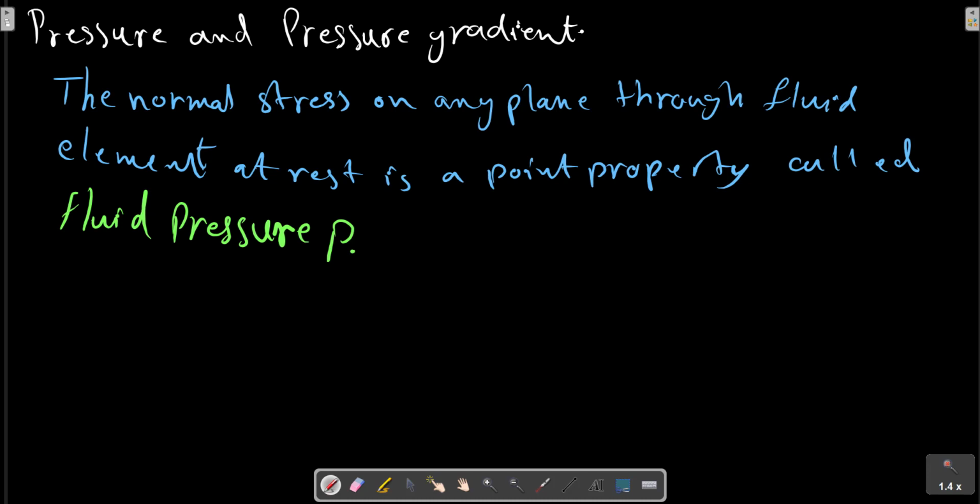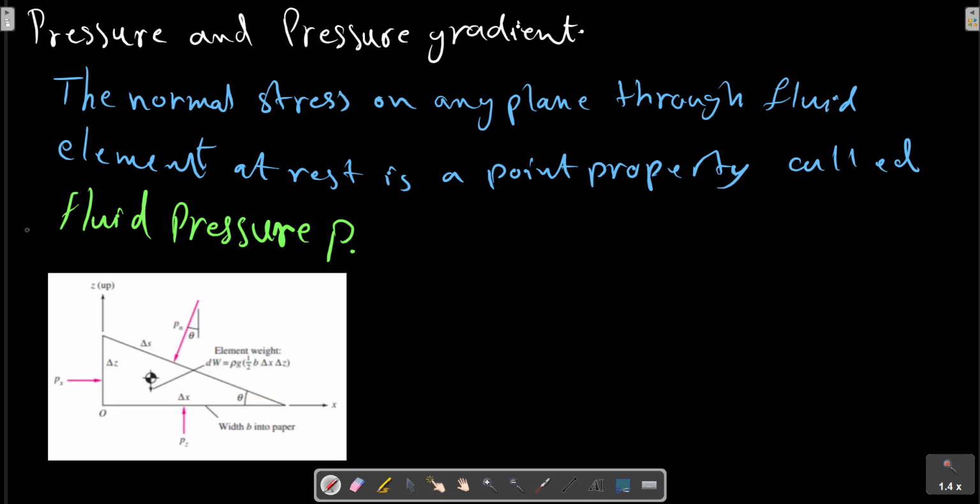Consider this figure as a small body of fluid at rest, of size delta x by delta z by delta s and depth b into the blackboard.